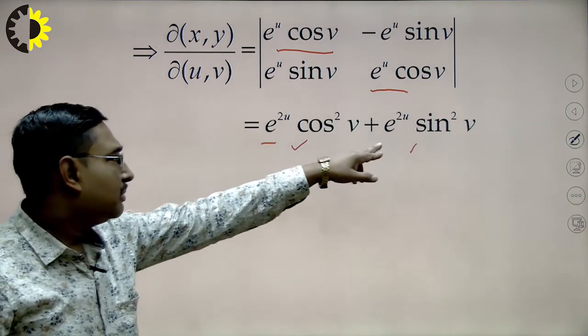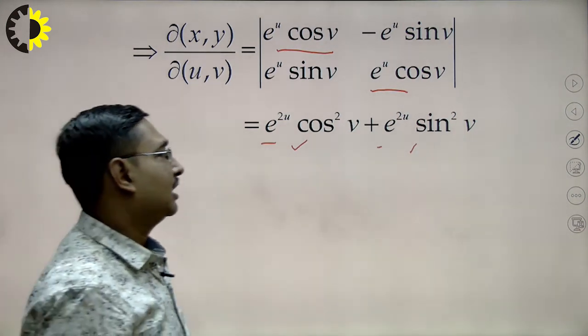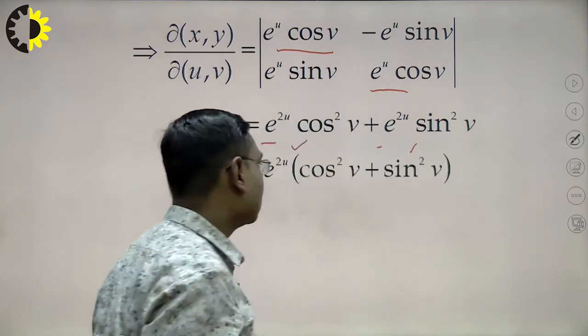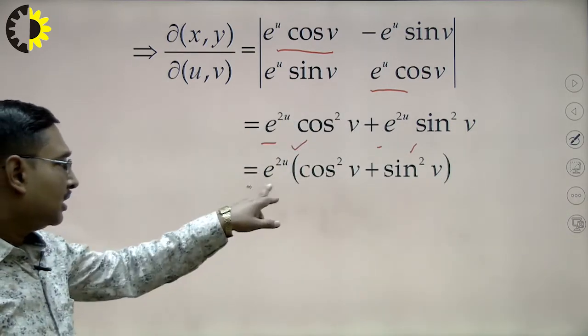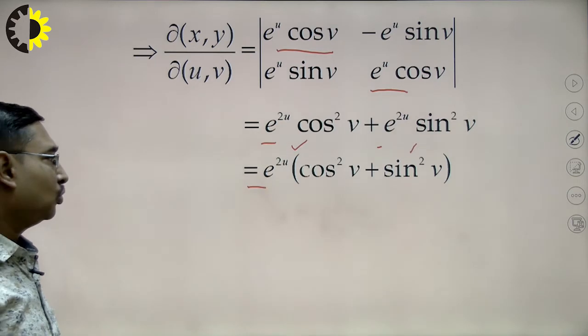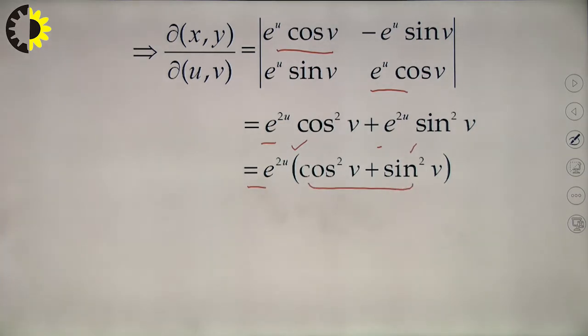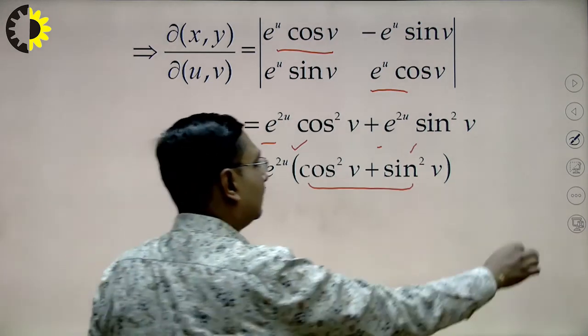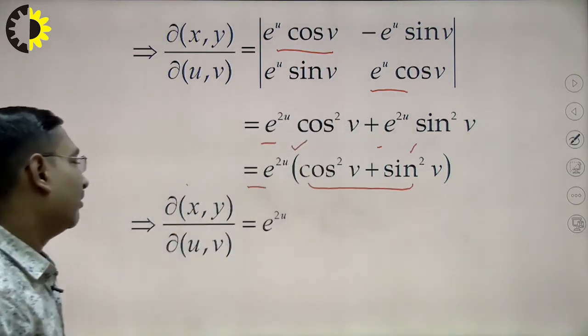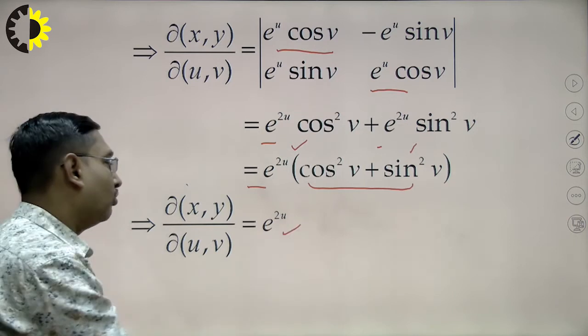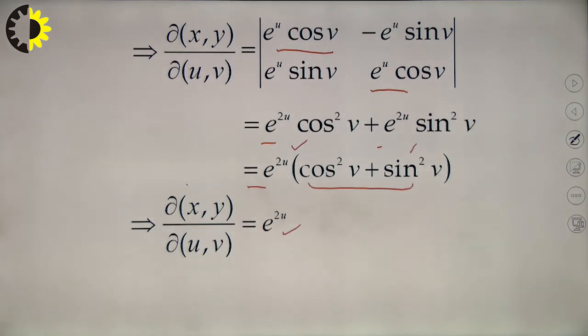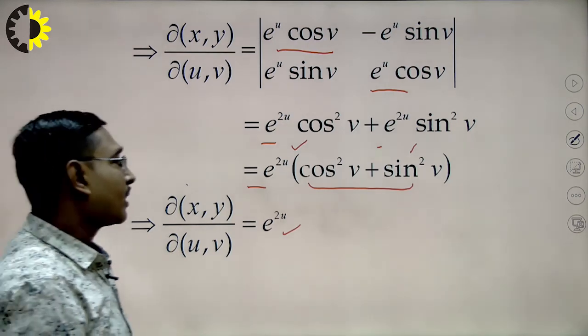This e raised to the power 2u can be taken outside to make more simplifications. This e to the power 2u comes outside and I obtain cos square v plus sin square v inside the bracket. That expression will become 1. So, the value of del x y over del u v is e raised to the power 2u.